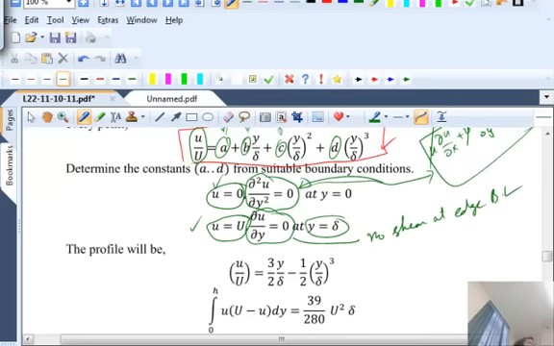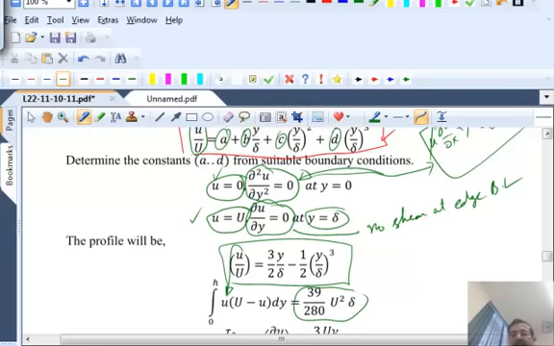When you put these 4 conditions and solve for the 4 unknown constants, you will get the velocity profile to be this: 3 over 2 y over delta minus 1/2 y over delta cubed. Now you take that velocity profile, put it in here, and do this integration. When you do the integration, you get the integral, which is the left-hand side of the integral momentum equation, as this expression, 39 over 280 U squared delta.